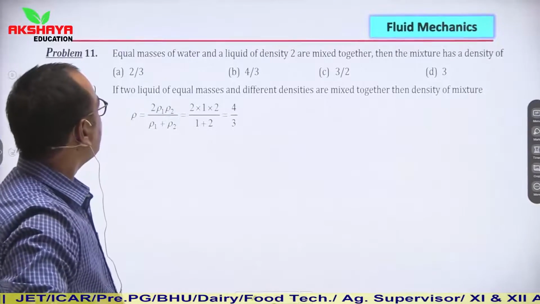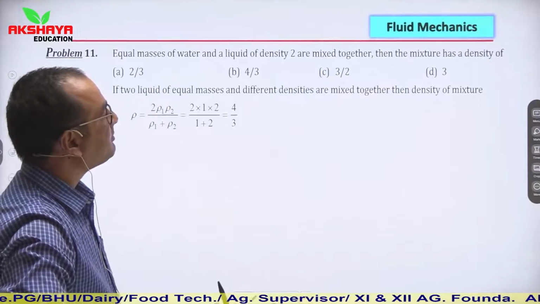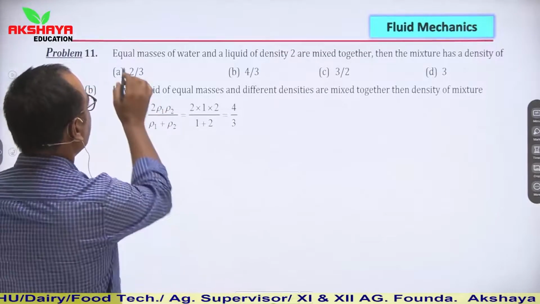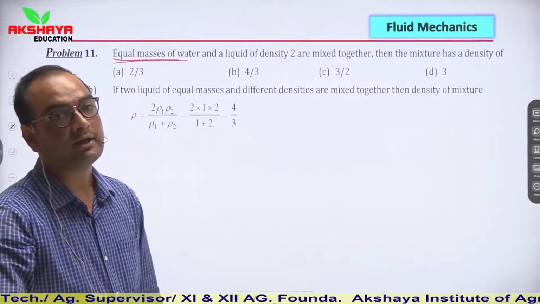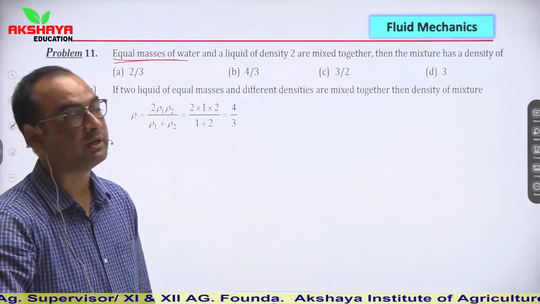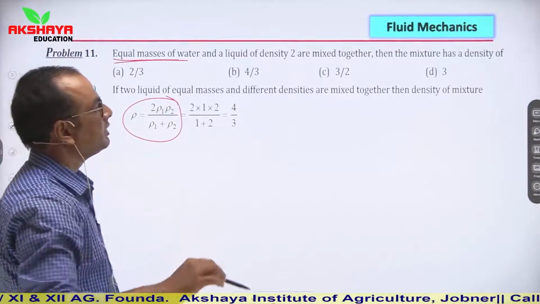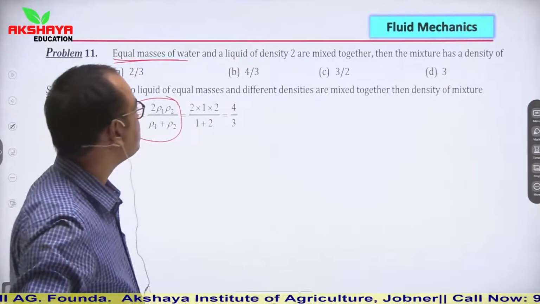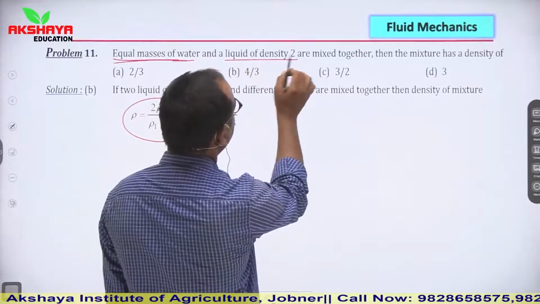Another pattern of question: equal masses of water and a liquid of density 2 are mixed together. So equal masses, then you simply should know that you have to use harmonic mean. Harmonic mean is 2 rho 1 rho 2 upon rho 1 plus rho 2. We are given density of both the substances. One is water and another one is a liquid of density 2.